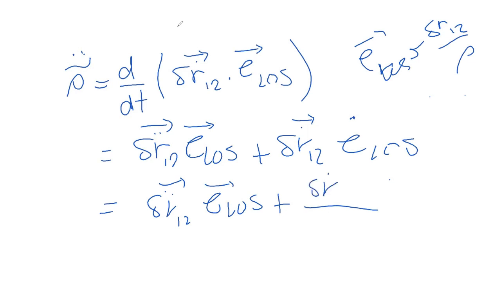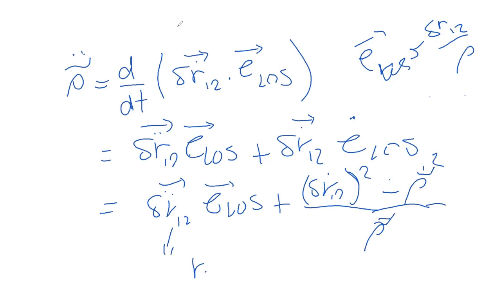The derivative of the minus the derivative and rho bar. And this one is the acceleration vector of the second satellite minus the acceleration vector of the first satellite. So what is that?